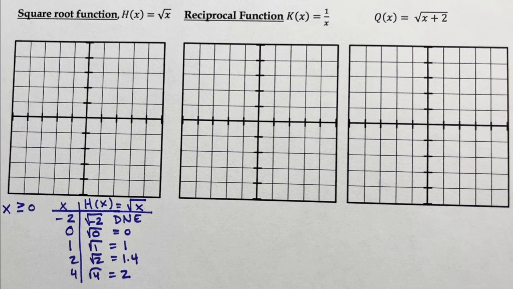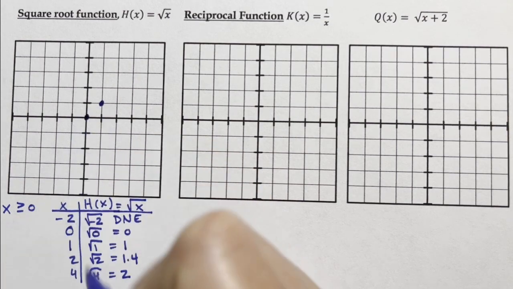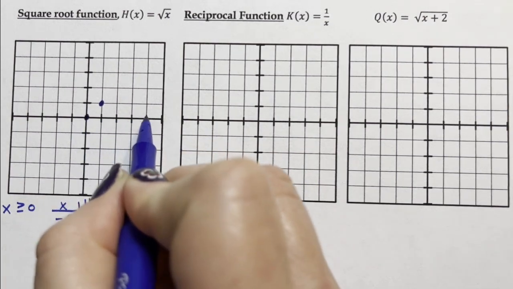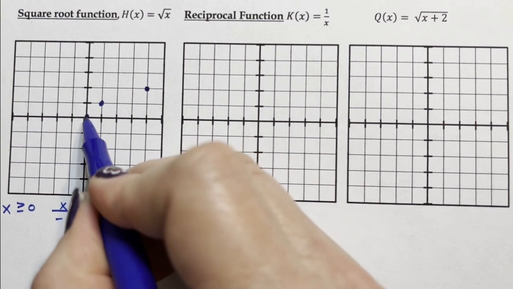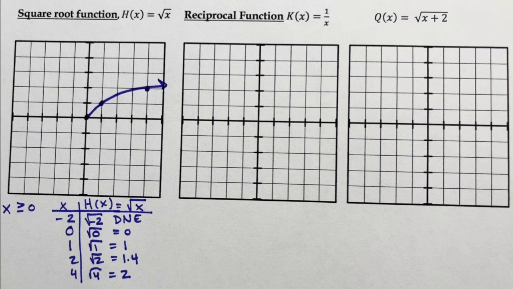You don't have to use the decimal numbers. So we have 0, 0, 1, 1, 4, 2. And this looks a lot like a parabola that has fallen over. And that's what the square root parent function looks like.